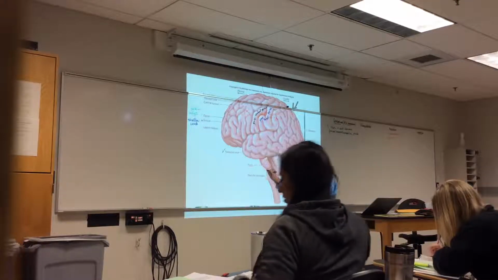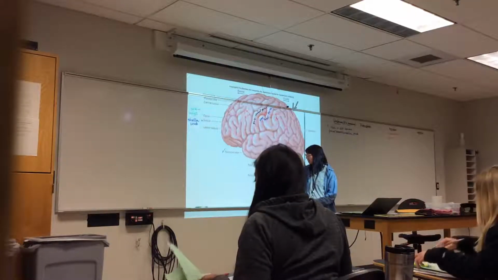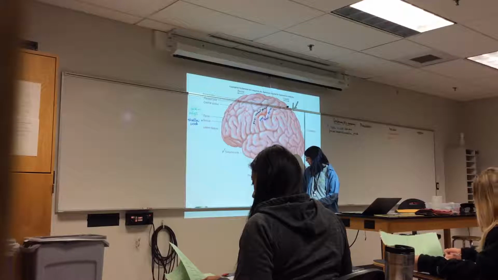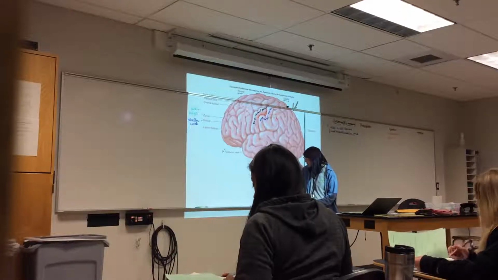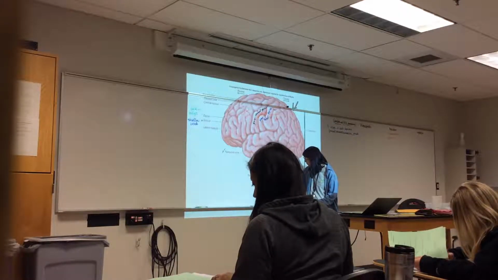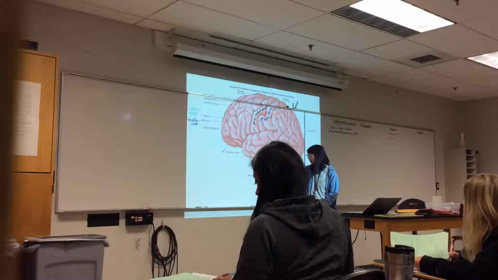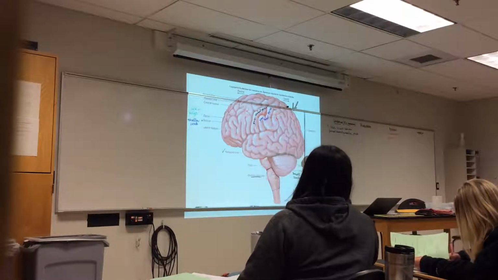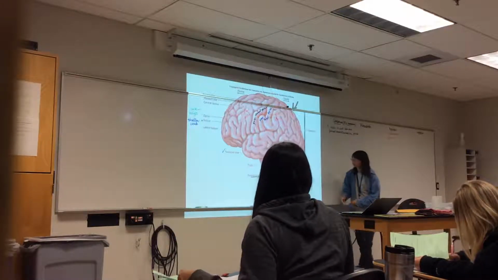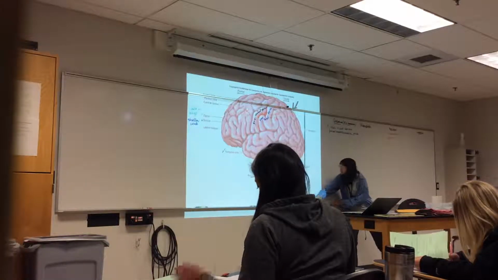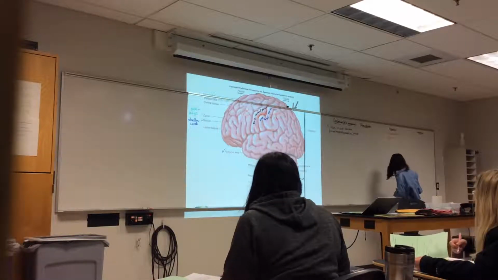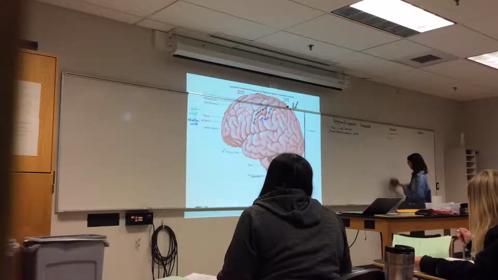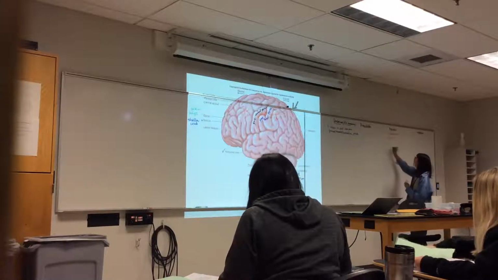So from here to there is the medulla oblongata. And that's the 3rd part of the brainstem.